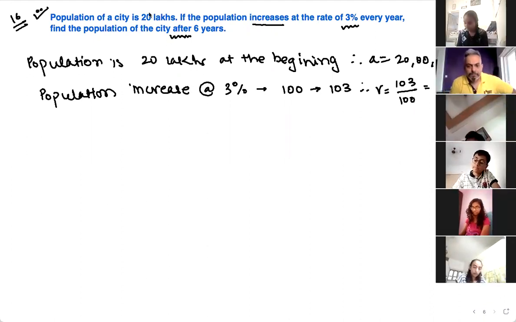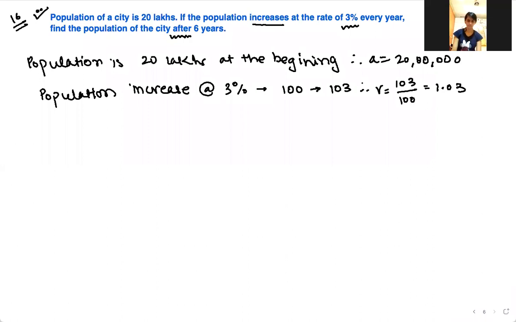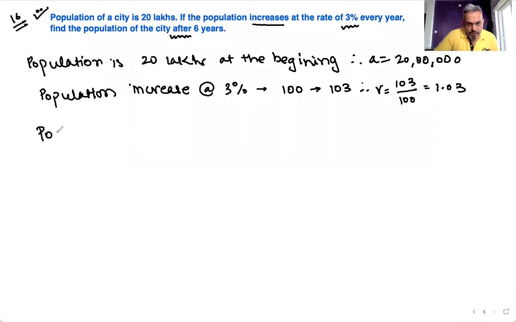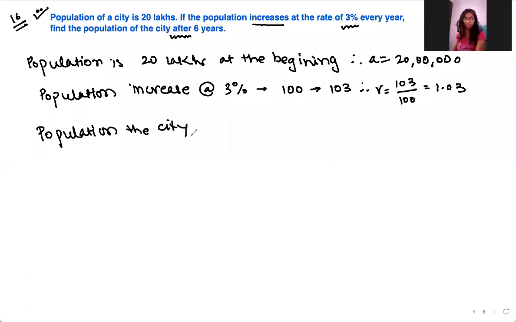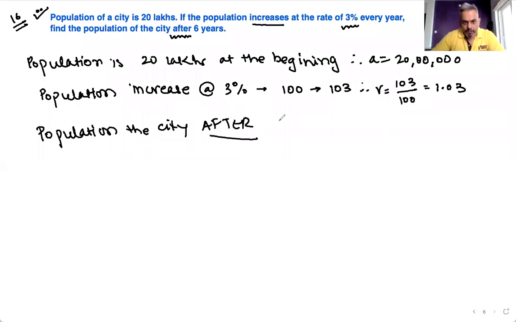1.03 पता चला? Yes, sir. Okay, now we have R, we have A. Population of the city after 6 years.